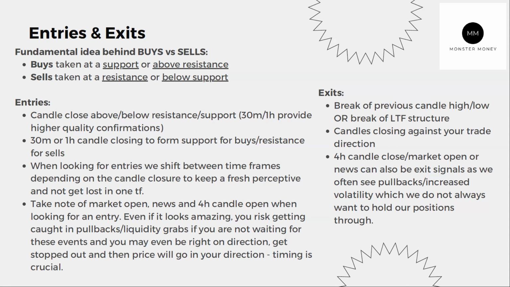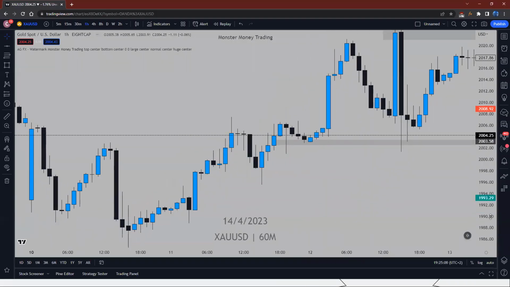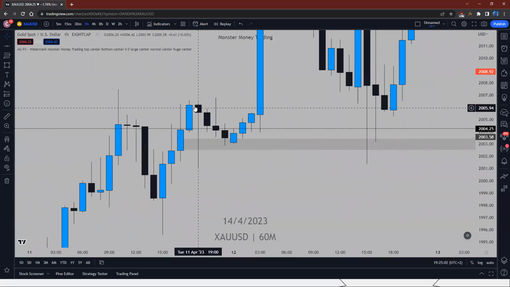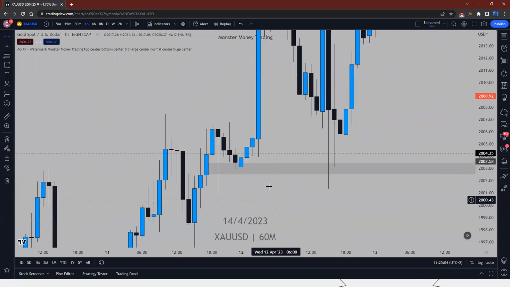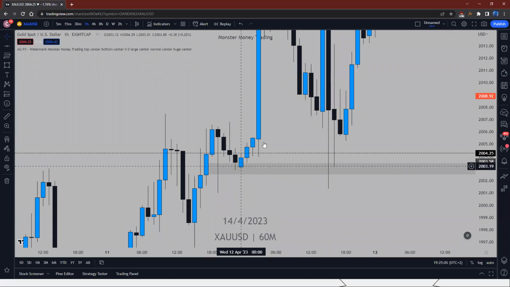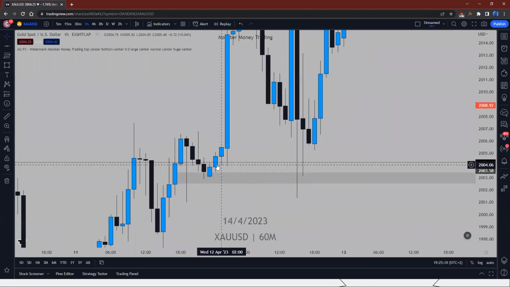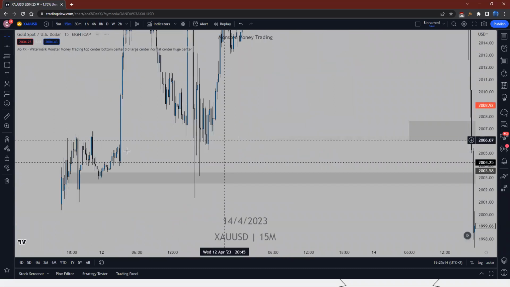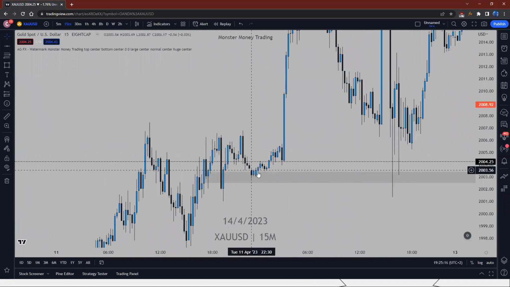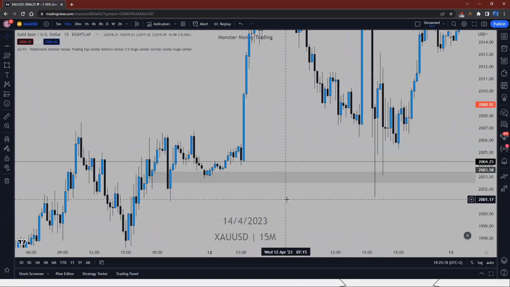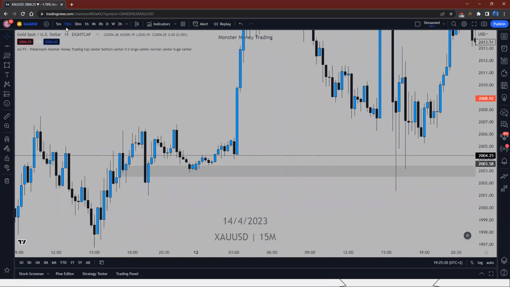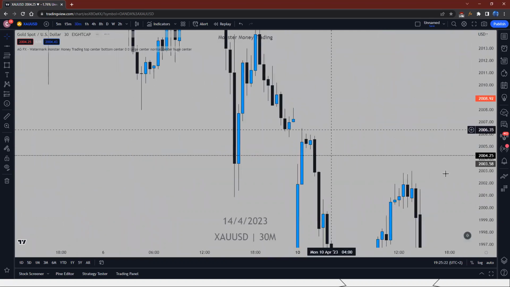So then, for instance, right here, we were in an uptrend, we were seeing this pullback. I'm wanting a 30-minute or hourly to close bullish to give us those stronger confirmations that we are forming that support. Because a 15-minute candle closing bullish may not give us a strong enough confirmation all the time.